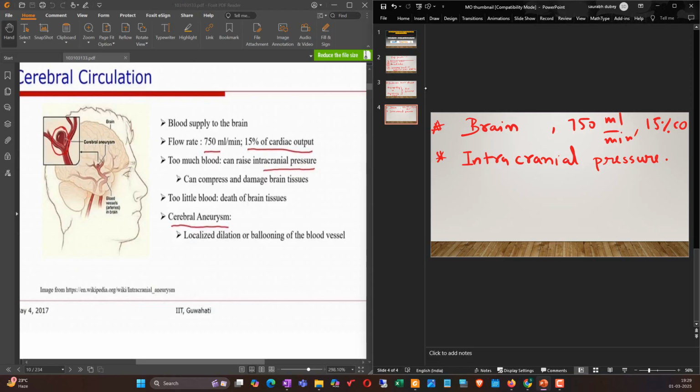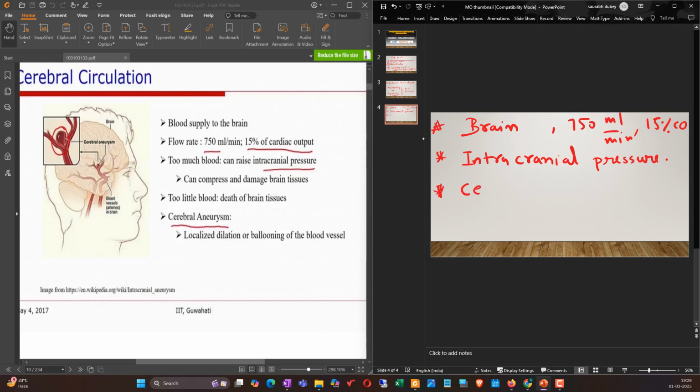The flow of various nutrients, vitamins and various cellular processes which are there in order to maintain the condition and working of the brain will be damaged, right? So cerebral aneurysm, localized dilation or ballooning of the blood vessels, right?